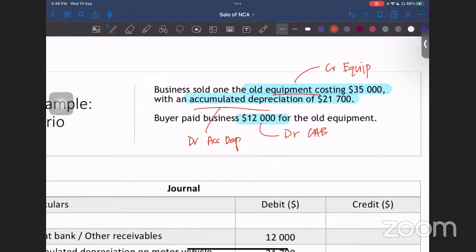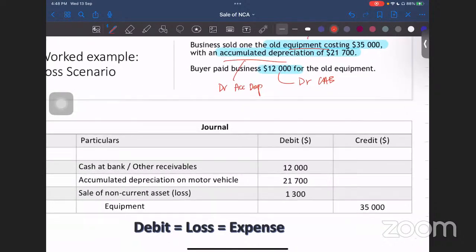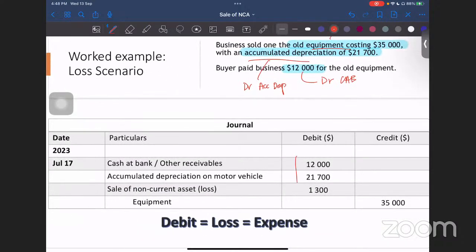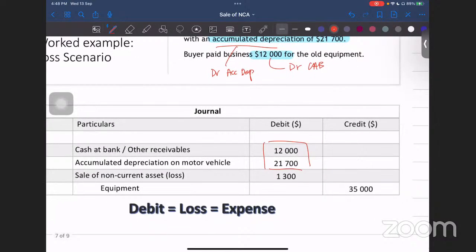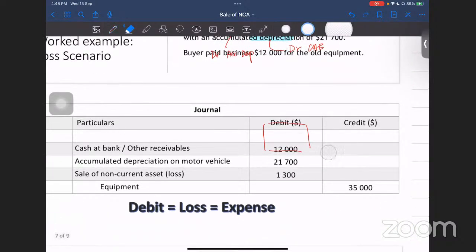And then after I do all of this, I will do the balancing figure to find the gain or the loss. After I do, I will realize that over here, my debit side, I will have 33,000. Is it 33,000? Anyway, my mental sum is not so good. So after you do this, you will realize that your credit side is actually bigger than your debit side.